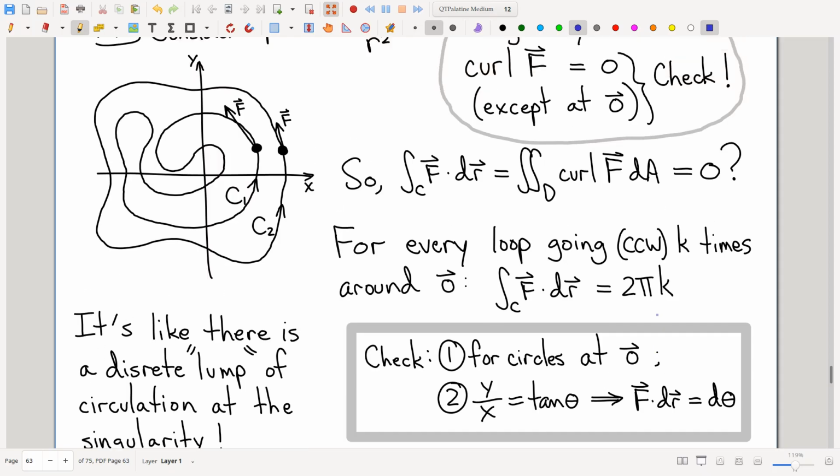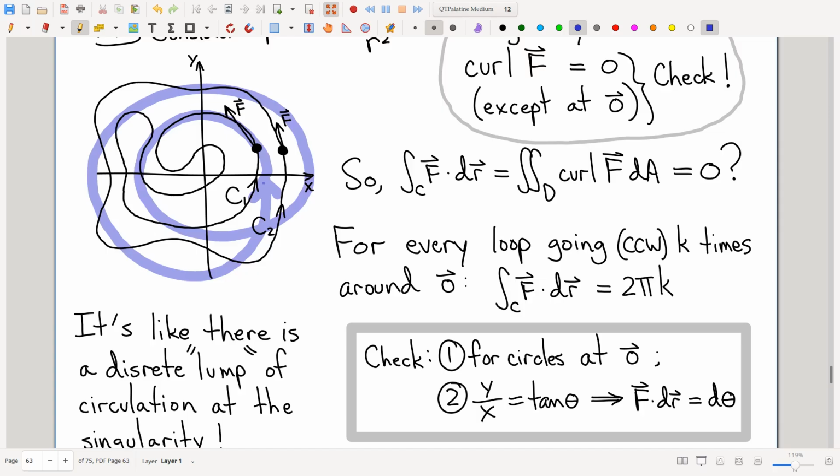How much does theta change as I go around a loop like that? Well, theta starts at 0, and then it goes all the way around to 2 pi. And if you were to go around twice, how much did theta change as you went around twice?